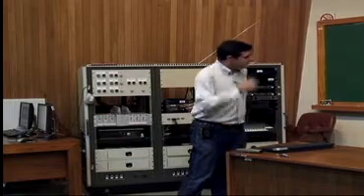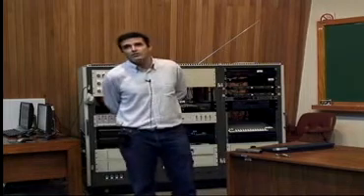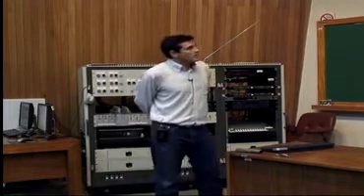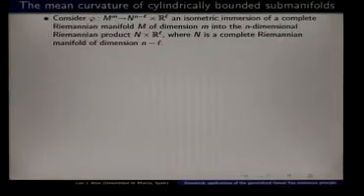Okay, so our objective in this lecture is to give some geometric applications of this generalized Omori-Yau maximum principle in different ambient spaces. We will start by considering cylindrically bounded submanifolds in a product space. We consider psi an isometric immersion from a complete Riemannian manifold M of dimension m into a product space of the form N times R^l, where N is a complete Riemannian manifold of dimension n minus l.